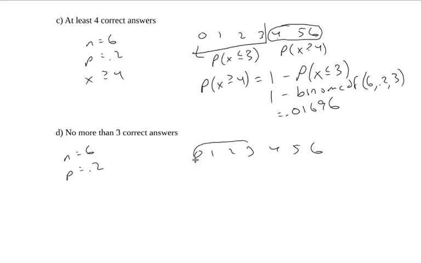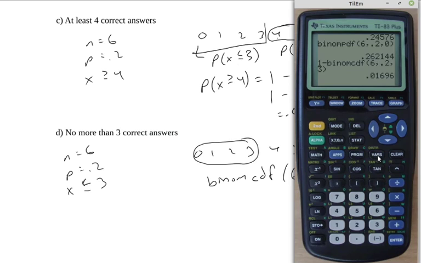No more than 3 means we're talking about this probability right here, and this means we don't need to use a complement, we just want to use the binomial CDF by itself. 6, 0.2, and with a no more than 3 successes. So binomial CDF 6, 0.2, 3, which gives us a probability of 0.98304.